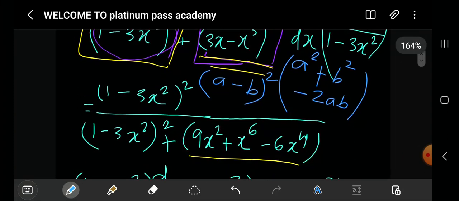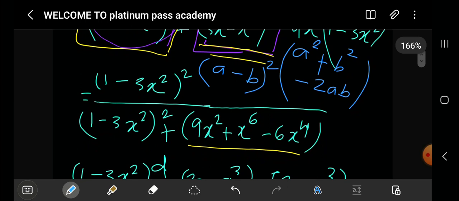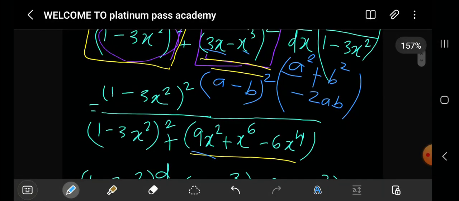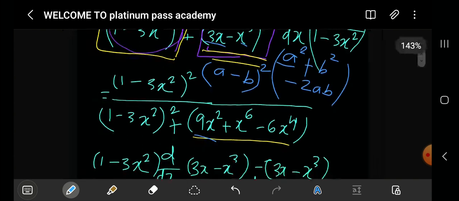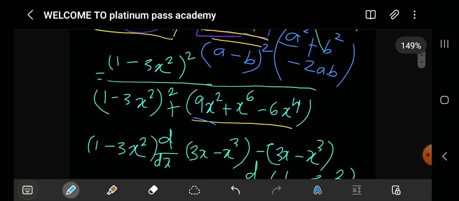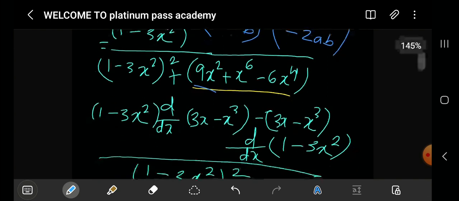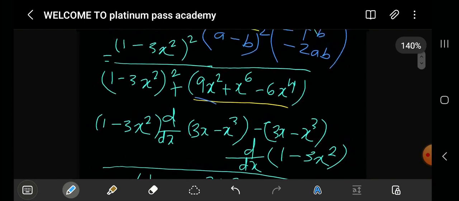Then you have already put a here, and b here. So then solve that. I'm not going to explain which one is a square, which one is b square, which one is 2ab, it's going to be boring.